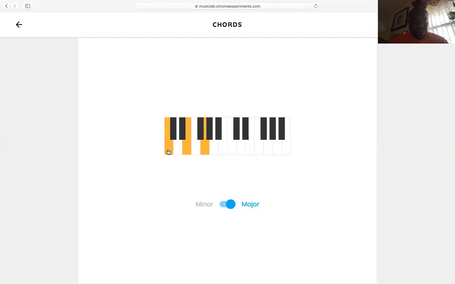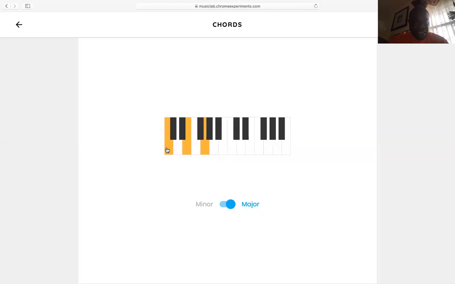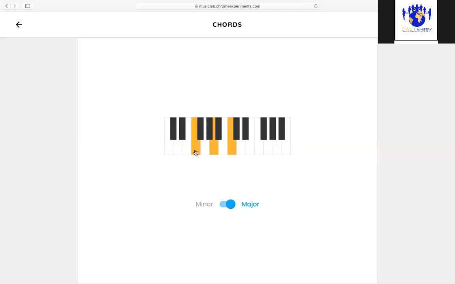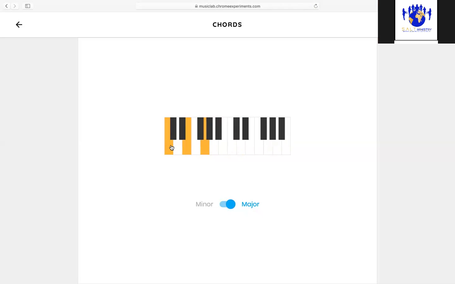So we will do C, then we'll go to the F, then G, then back to the C. C again, C, C, F, F, F, G, then back to the C. And that was a rhythm that we put together, and we put rhythm on the drums with that, and made it out as a slow song.